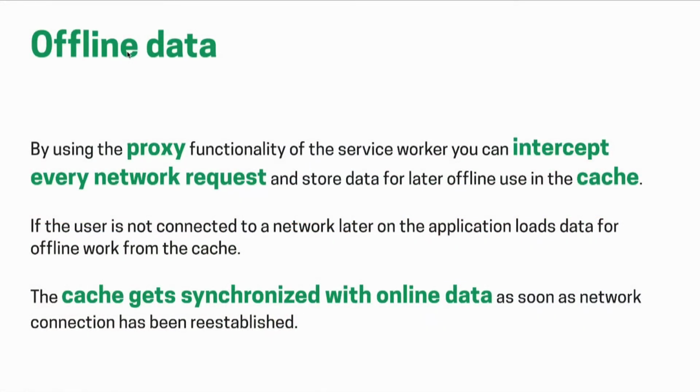So, offline data. Progressive web applications support offline work. They work as a proxy between your web application, the UI5 or other web application, and the web server. And as such a proxy, they intercept every network request that goes from your application to the web server.